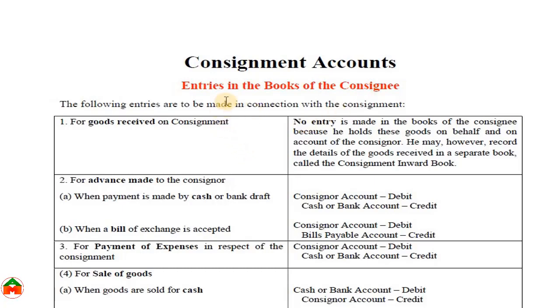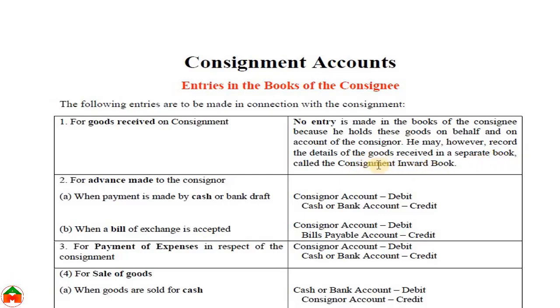We can see the journal entries that should be recorded in the books of consignee. Whenever the consignee, the agent, receives the goods in the consignment process, the consignee should not make any journal entry in the books of consignee, but he can record the details of the goods received in a separate book such as consignment inward book.